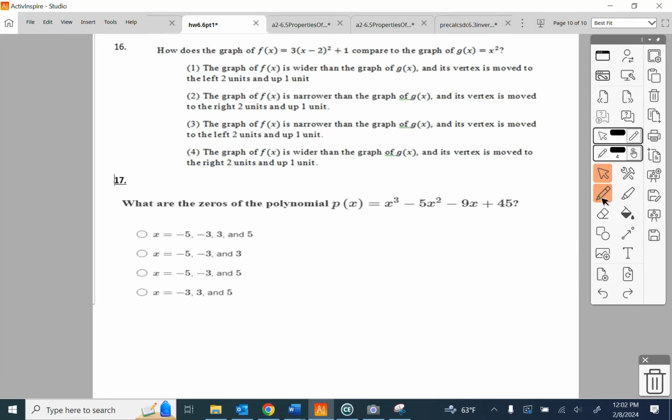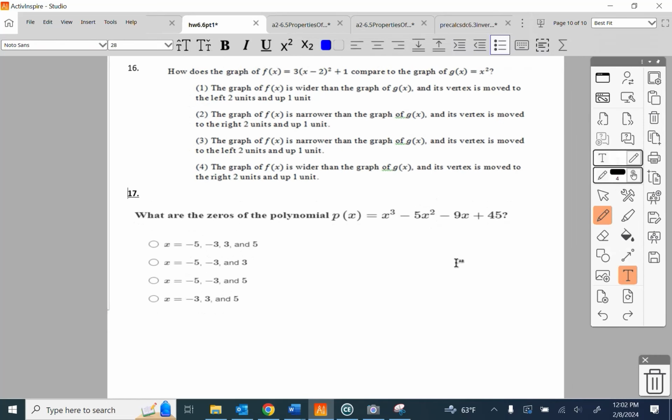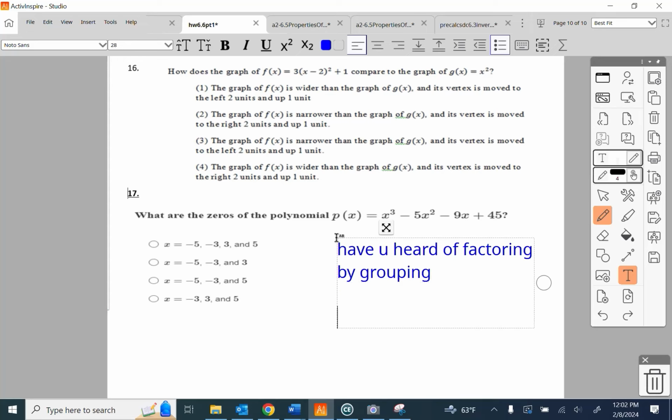All right, 15. What are the zeros of the polynomial? Have you heard of factoring by grouping? I don't know if you have or not. I have. I'm going to set the thing equal to 0. I notice that the first two terms contain an x squared. The last two terms contain a -9.